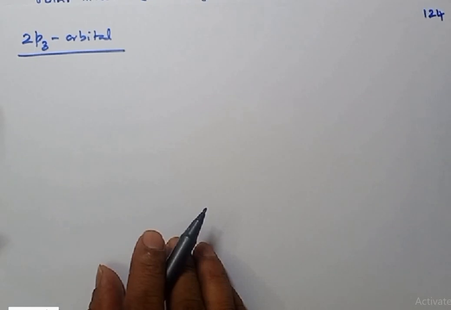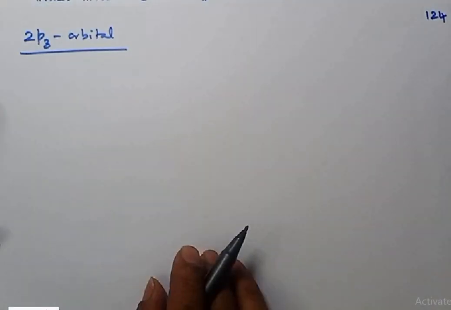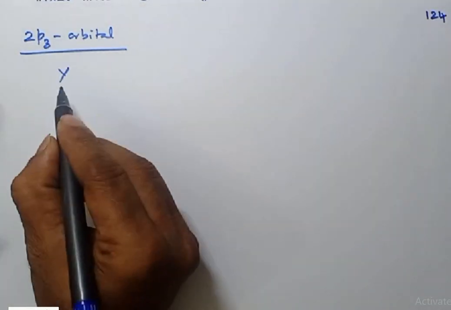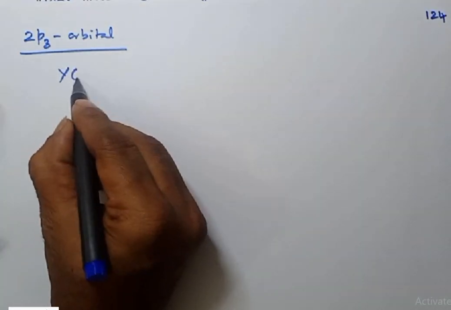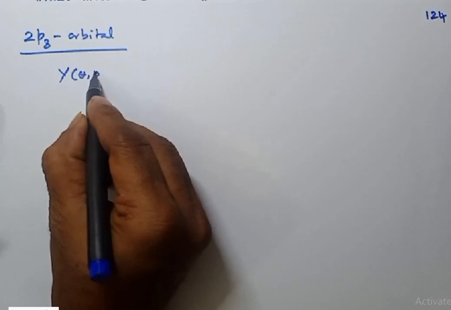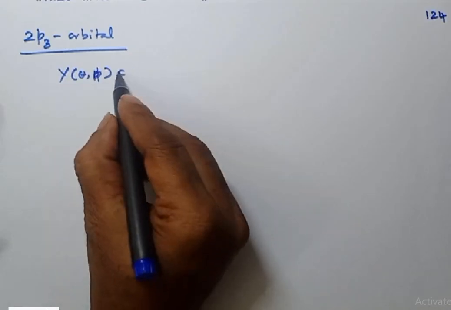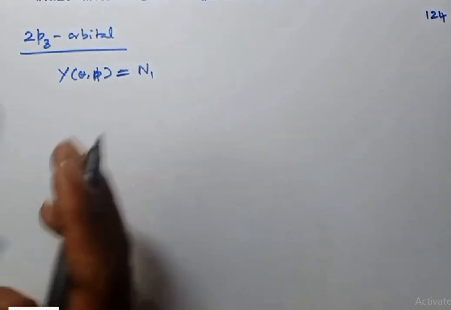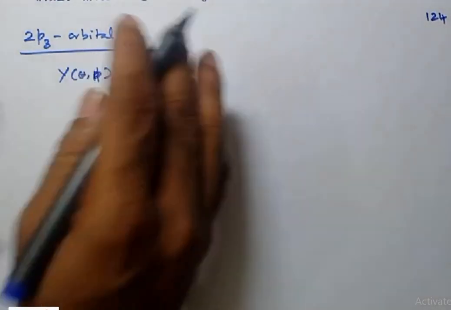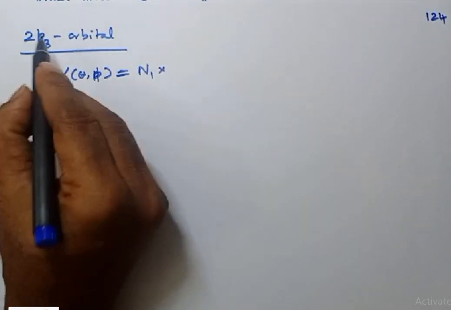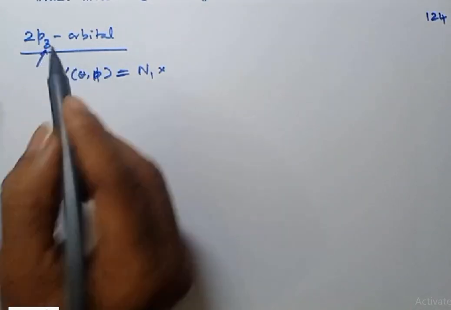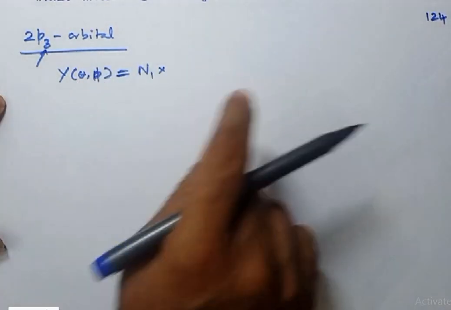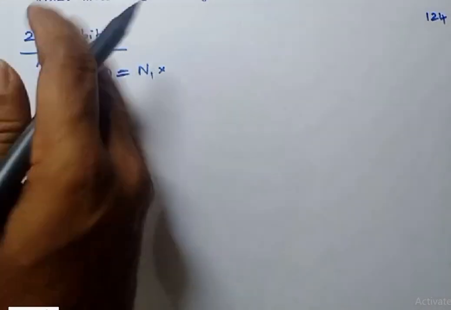For the 2pz orbital, how to write the angular part? The angular part, which depends on theta and phi, is equal to some normalization constant N1 into, see here, what is the Cartesian coordinate we have? Since we are writing the angular part, don't worry about the r. Z is equal to r cos theta.